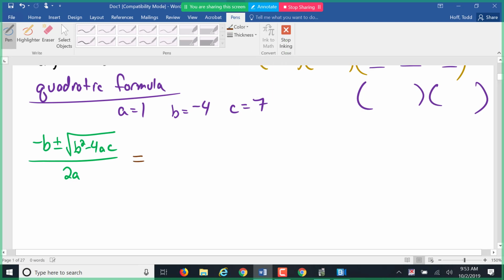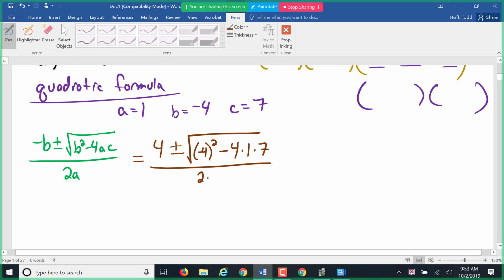It's been a couple weeks since we looked at that. So b is negative 4, so opposite b is positive 4, plus or minus the square root of b squared, so that's negative 4 squared, minus 4 times a is 1 and c is 7, over 2 times a, so 2 times 1.